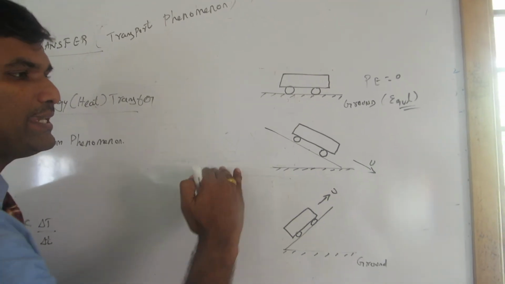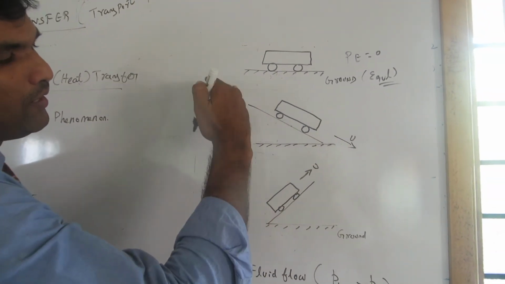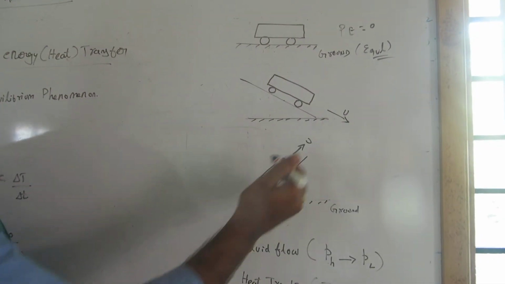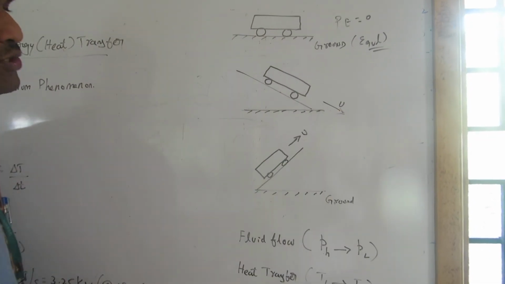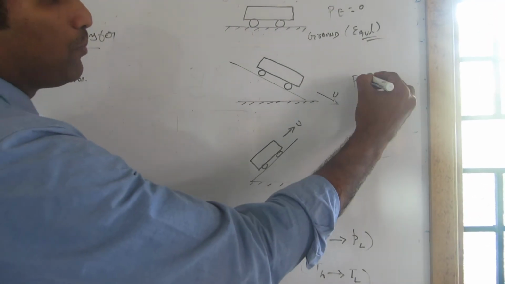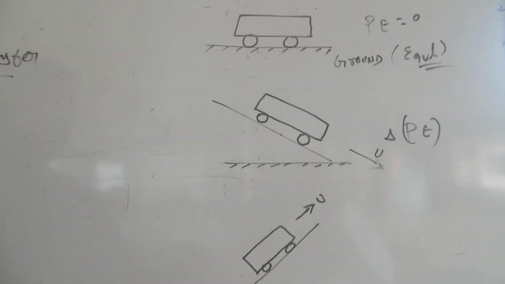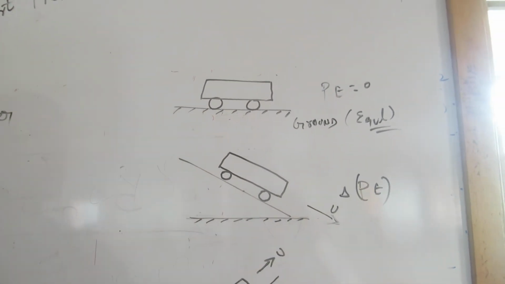Now let us take the same automobile lying on a hilly road and coming down. The velocity is in the downward direction. So now there is a potential difference, and because of this potential difference the automobile is going to come down without any power.